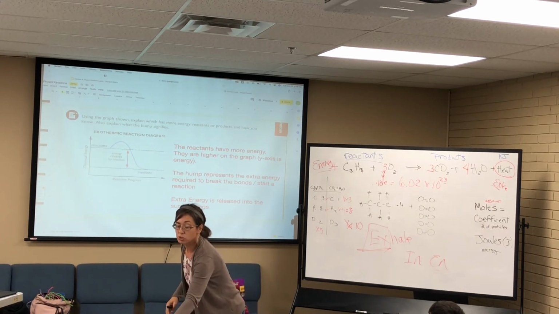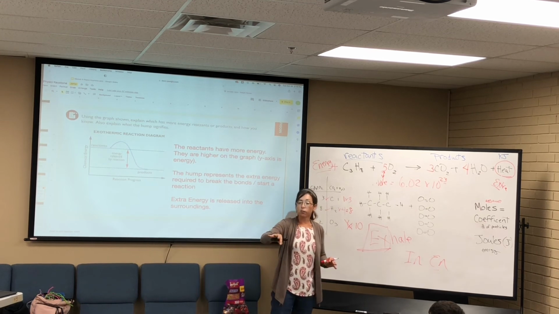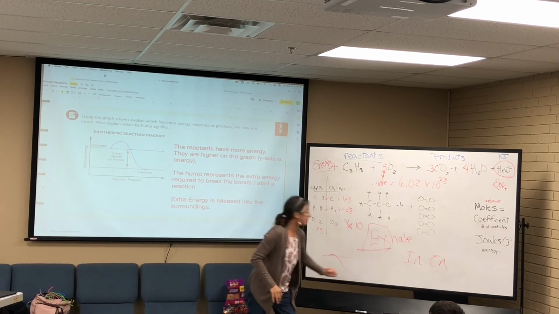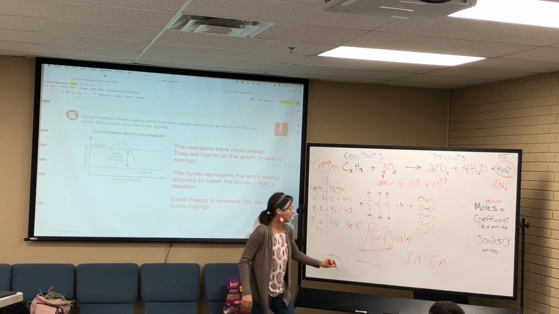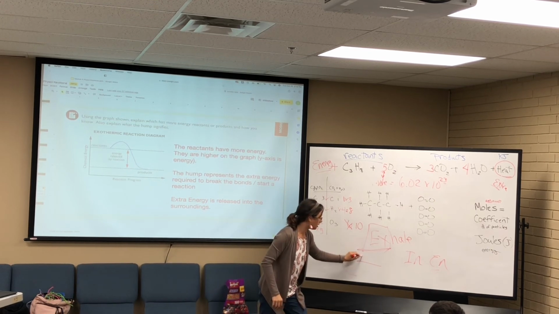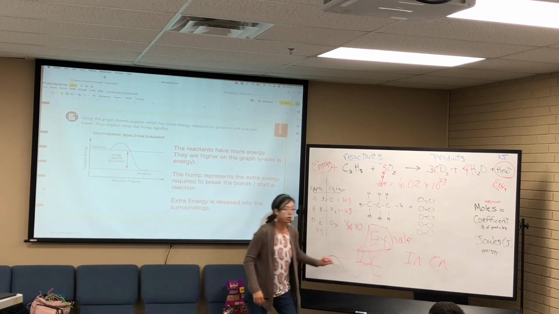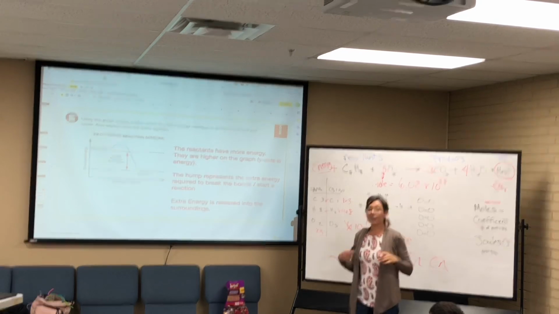So if I was graphing the energy change for that bottle, it might be like that, right? We're going to need a lot more initial energy to get started. Okay? That is called our activation energy.